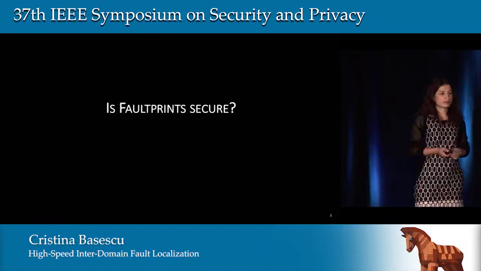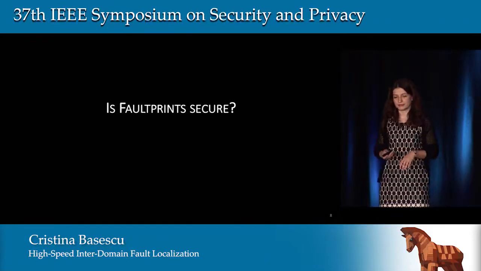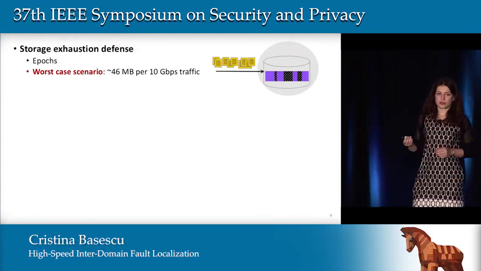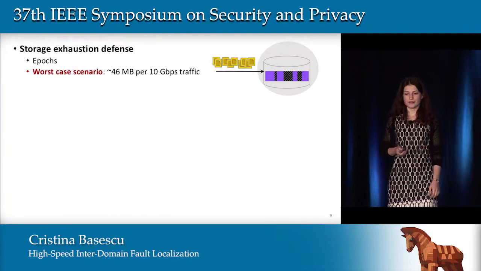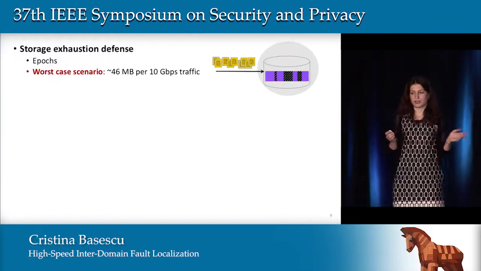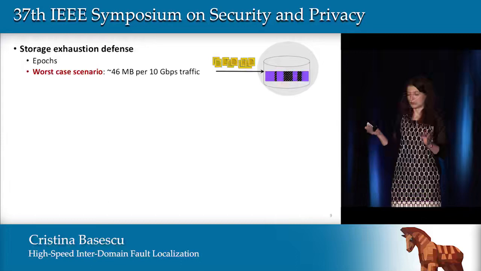Well, is our protocol secure? After all, we operate in an unreliable network. Well, I'll first explain how we defend against storage exhaustion attacks. Nodes store packet fingerprints for a limited amount of time. We divide time in epochs, and in fact, they store packets for an epoch at most.